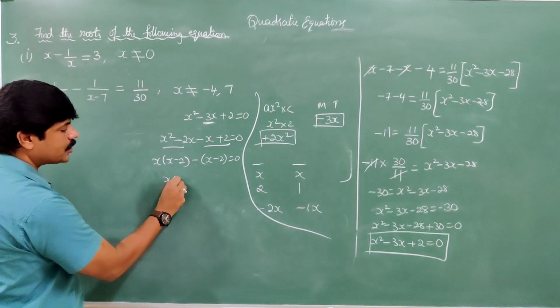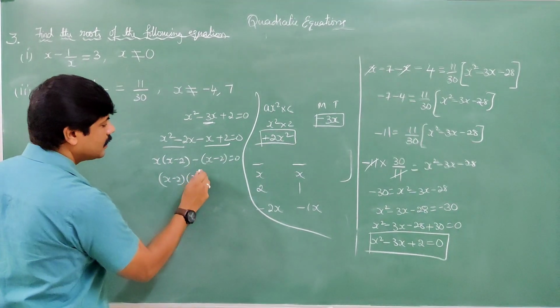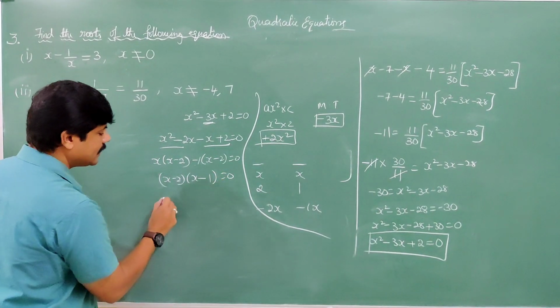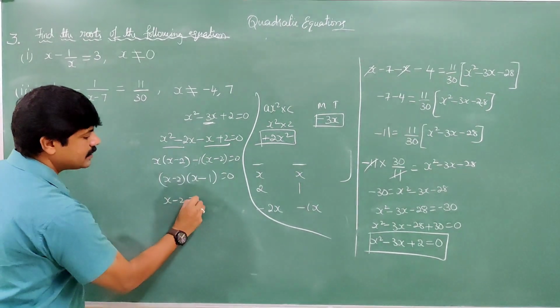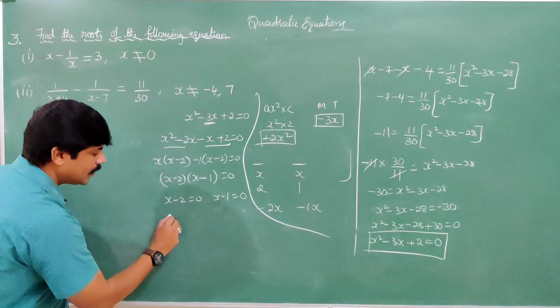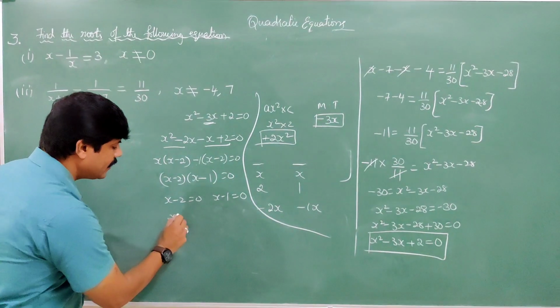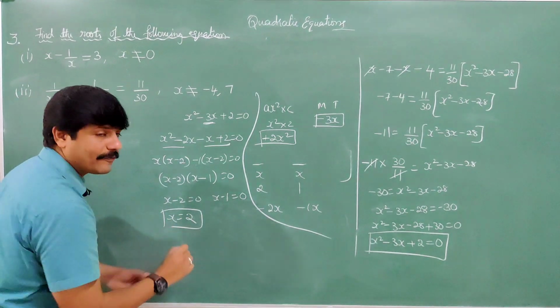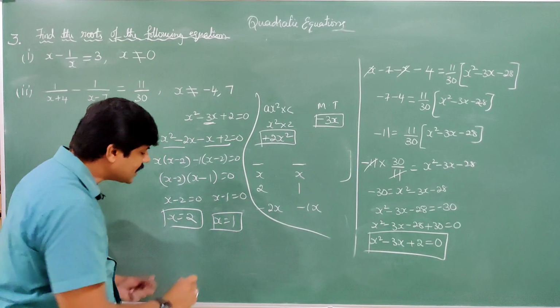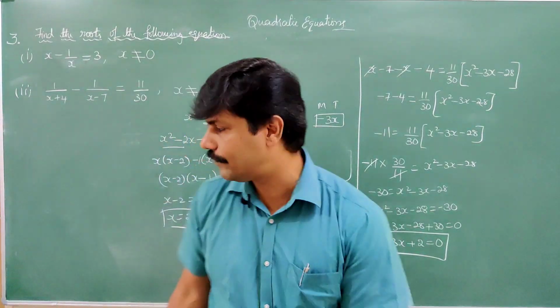Take the common x minus 2, then remaining x, and with nothing there, 1 is there. So x minus 1 equals 0. That is x minus 2 equals 0, equate with 0, and x minus 1 also equate with 0, and you will get, after transferring minus 2 to that side, plus 2, and after transferring minus 1 to that side, plus 1. So these are the roots, 2 and 1.